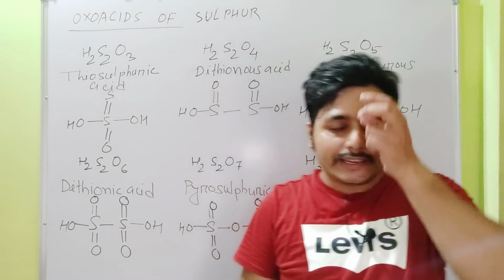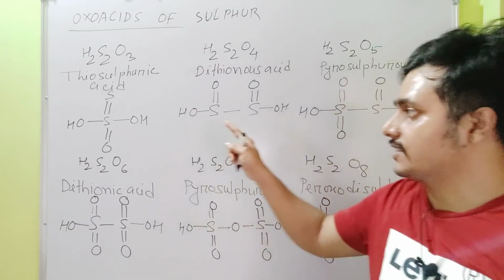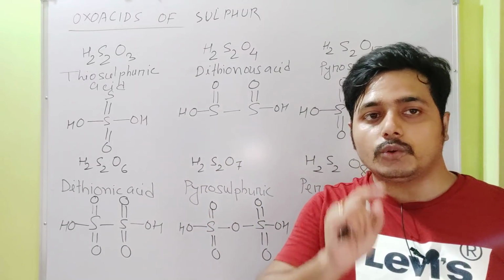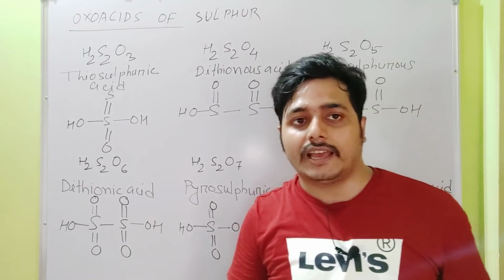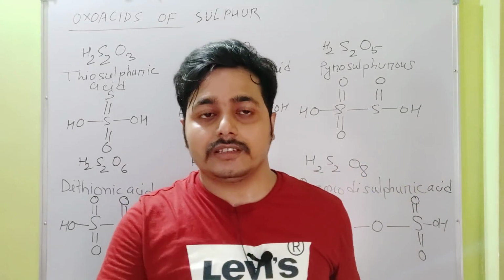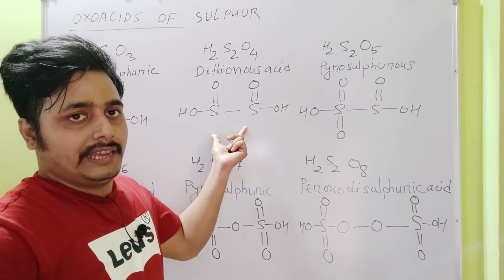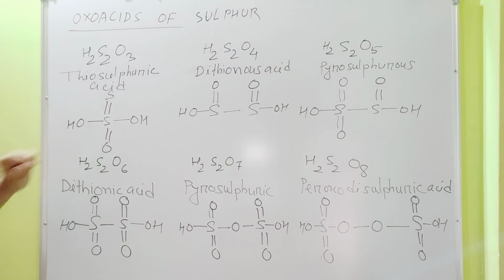Okay, now I discuss the oxidation state of sulfur in this case. In all these compounds, there are two sulfur atoms, so both the sulfur atoms have an oxidation state. First I start from this compound. At last I discuss this compound.